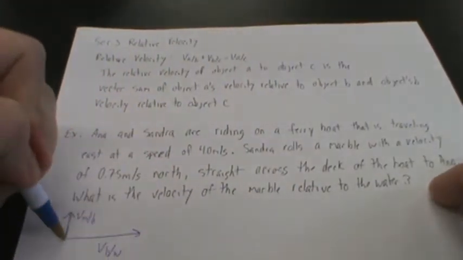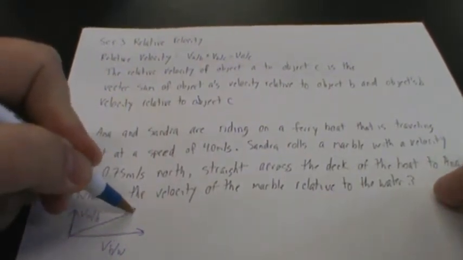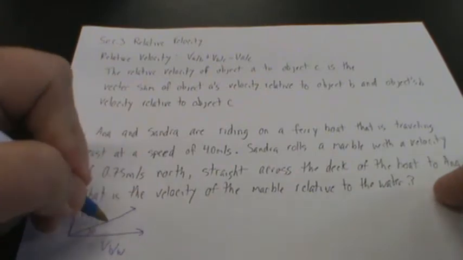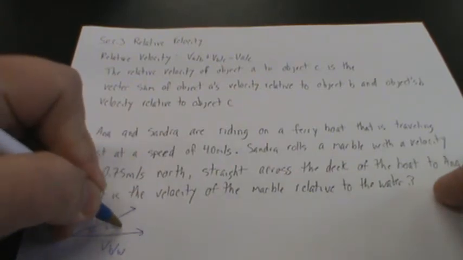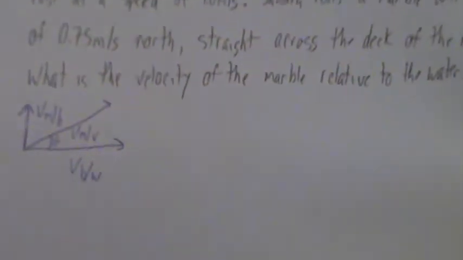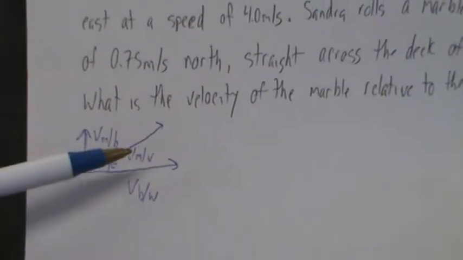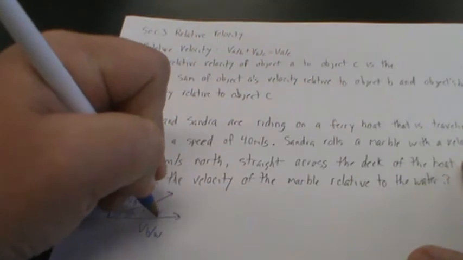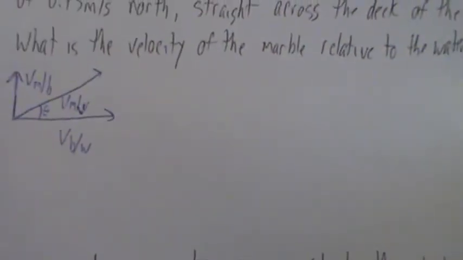So our relative velocity is somewhere right here at an angle. Okay, so velocity of the marble to water. I know that looks like a V, excuse me. Pen's dying out a little bit.